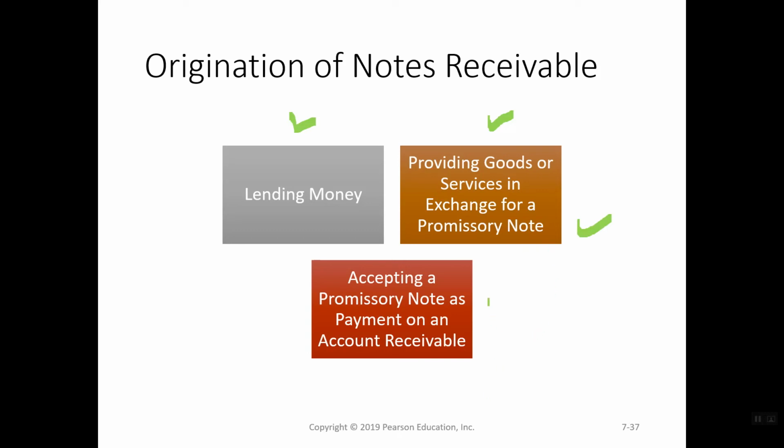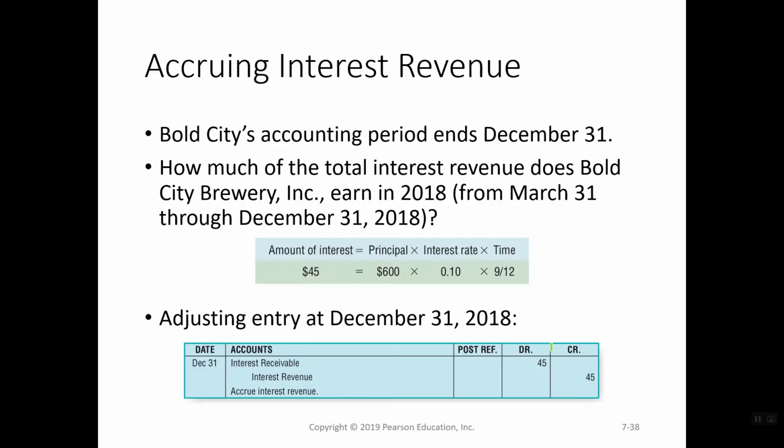Or sometimes there's an account receivable and you want to permit more time, but you want to collect interest on that additional time, and so you make a promissory note. So an account receivable becomes a promissory note. And I'll do a video that shows all 3 of these.